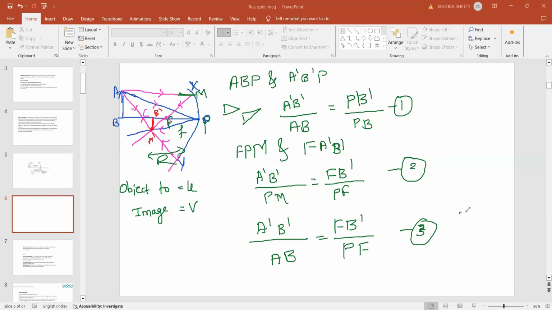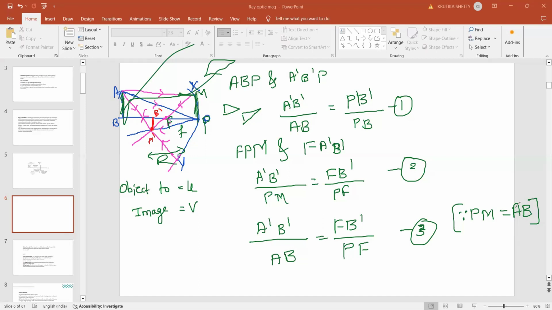Why? Because PM is equal to AB. You can see from the figure, the object height AB is what you are observing, and PM is there. If the path is straight, both are almost the same. Therefore we are considering PM nearly equal to AB. That is our equation 3.